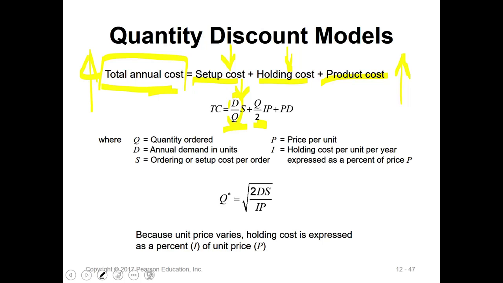In this equation, we still see D, Q, S. Q is the order quantity, D is the annual demand, S still is the setup cost, but here P and I: P is the price per unit, and I is the holding cost per unit per year, given as a percentage of the price. They didn't say the holding cost is $2 per unit per year. Instead, they said the holding cost is a percent of the unit price.